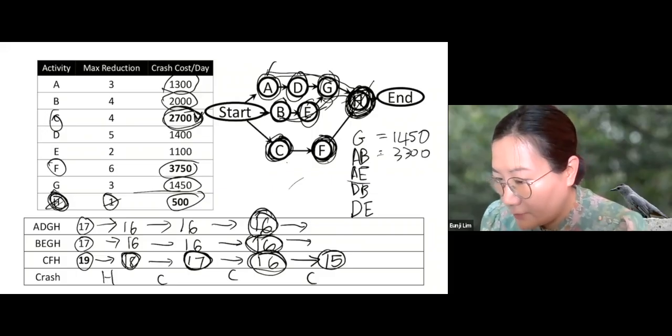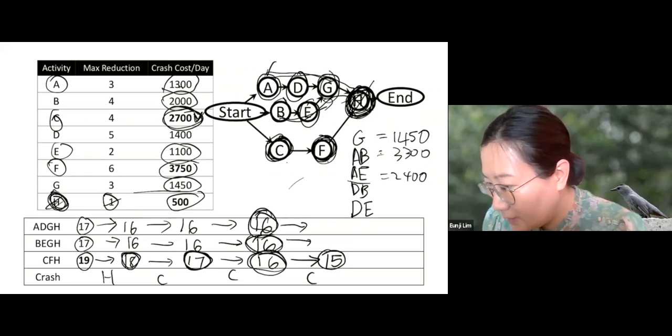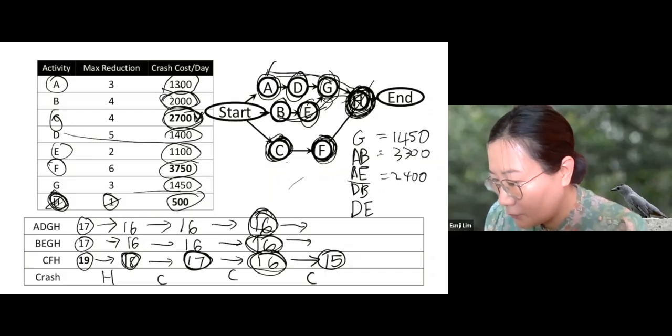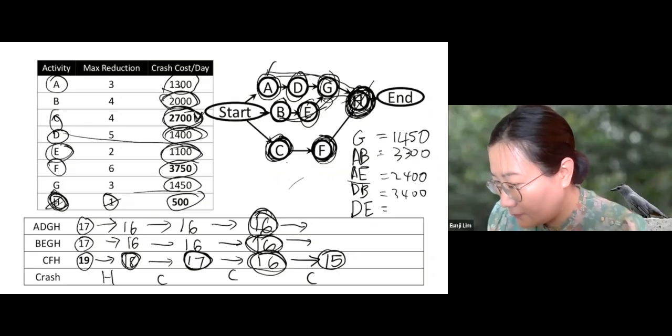How much does it cost to crash A and E? 1,300 plus 1,100, 2,400. How much does it cost to crash D and B? 2,000 plus 1,400, 3,400. How much does it cost to crash D and E? 1,400 plus 1,100, 2,500.